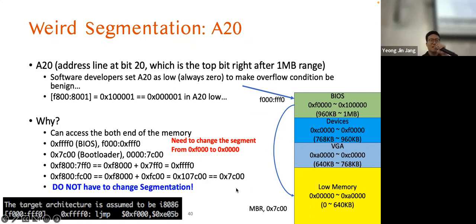This means we don't have to change the segment, and at the same time we can access the top address and the bottom address. So it's a little more performant than switching the segment back and forth. It's very early-day engineering.